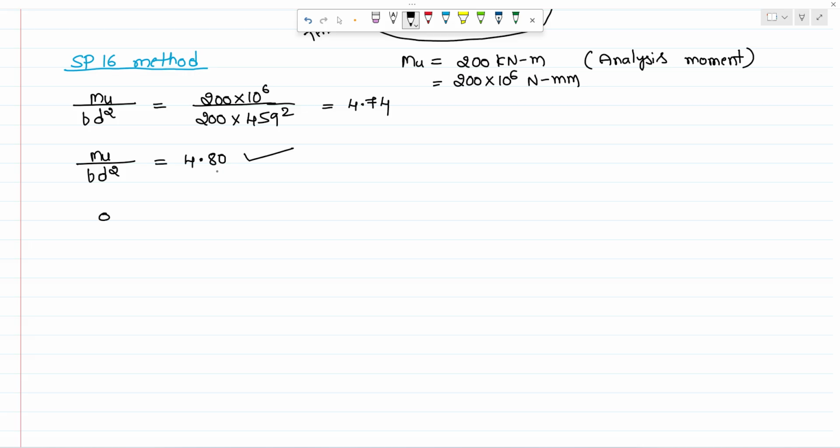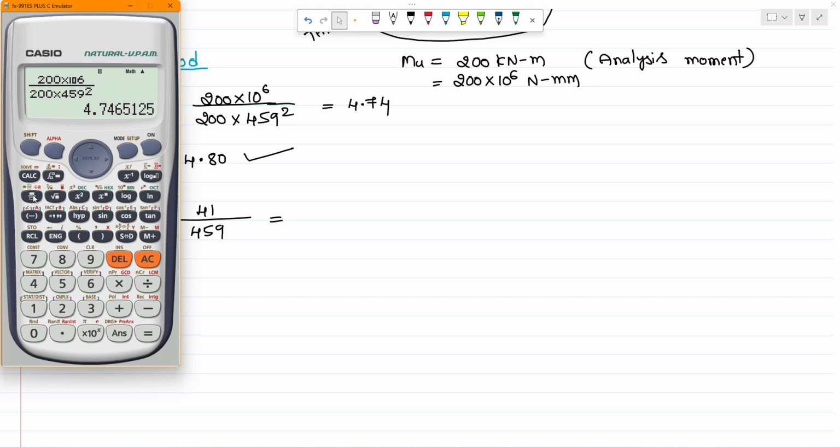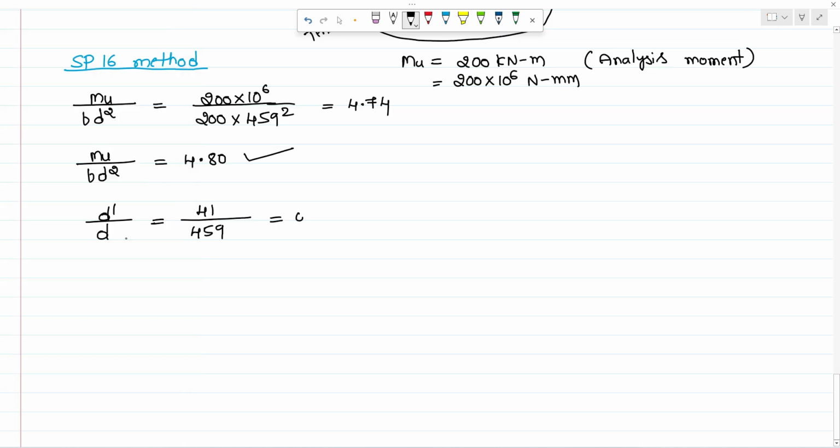Next you need D dash by D value. Your D dash is 41, and your effective depth D is 459. So it will be 41 divided by 459, which is 0.089.